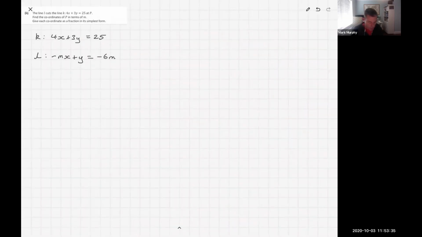Right, so we have our two lines now, okay? And it says the line L cuts the line K at P. Find the coordinates of P in terms of m. All right, so we have two lines and we have to find out where they meet. Remember the very first thing I did this morning was simultaneous equations. So I'll do that with you.